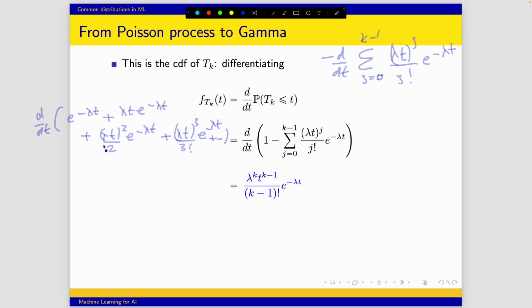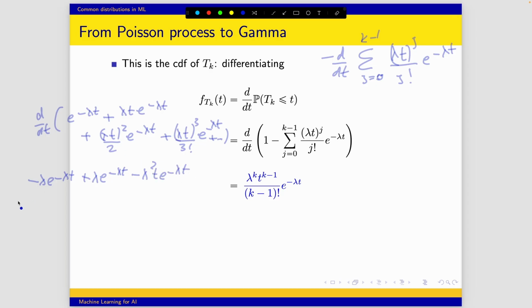So let's differentiate the inside of this and see what we get. Differentiating e^(-lambda t), we get minus lambda e^(-lambda t). Now this we differentiate using the product rule, so we get plus lambda e^(-lambda t), and minus lambda squared t e^(-lambda t).